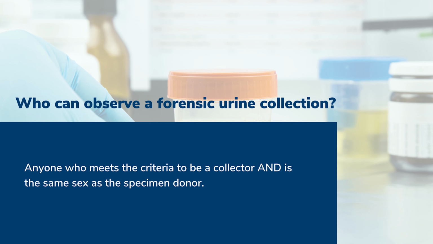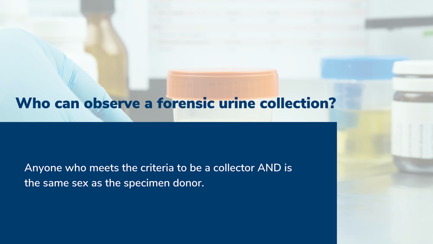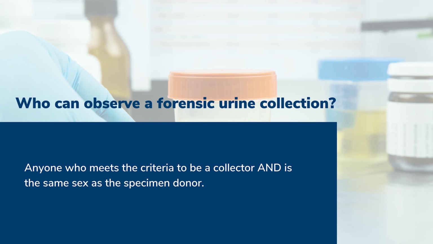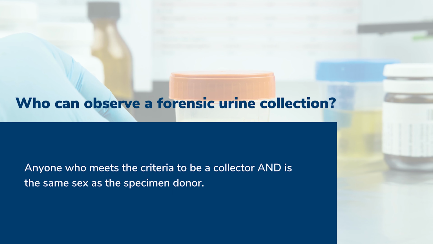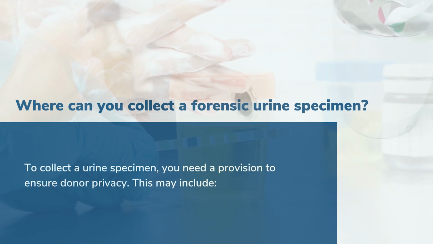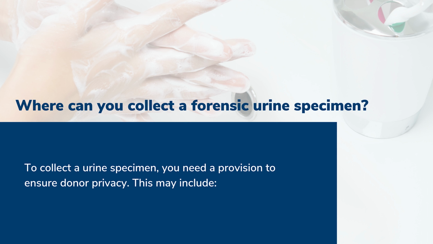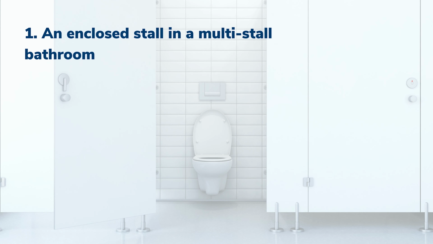Who can observe a forensic urine collection? Anyone who meets the criteria to be a collector and is the same sex as the specimen donor may observe a urine collection. Where can you collect a forensic urine specimen? To collect a urine specimen, you need a provision to ensure donor privacy. This may include, first, an enclosed stall in a multi-stall bathroom.